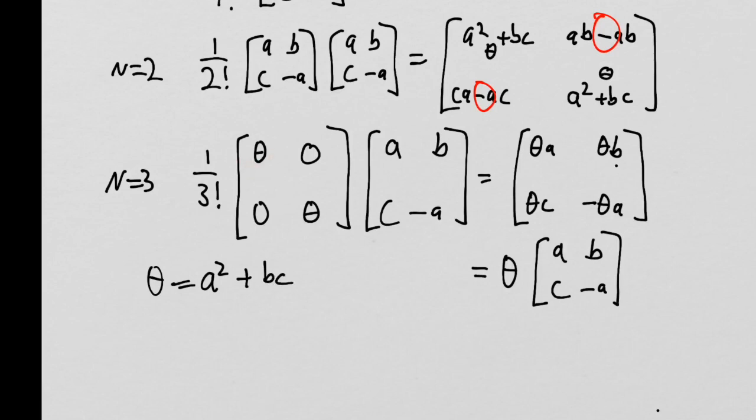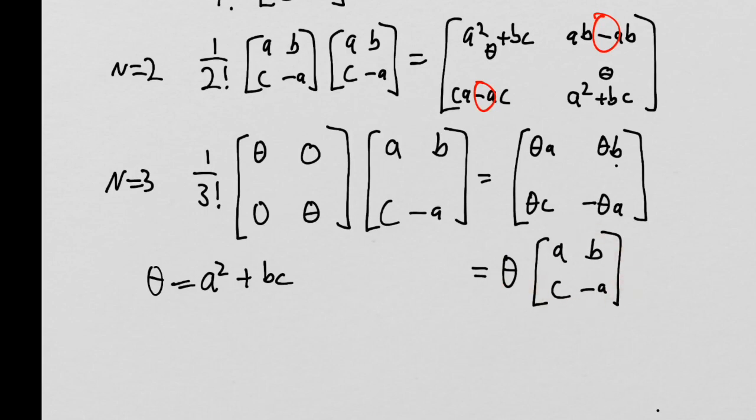So if I call that theta, then the n equals 2 result is this matrix. So the n equals 3 result is that times this, which ends up just being theta, as a number, times the original matrix.